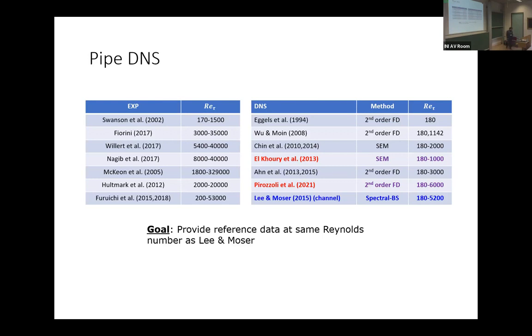So we decided maybe we should just try to go in and do a high resolution, high fidelity simulation of pipe flow as well, to have reference data for pipe, which we can then also extensively compare to the channel data.